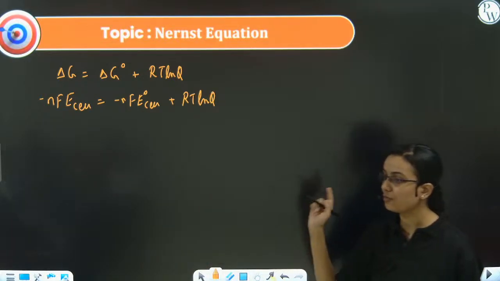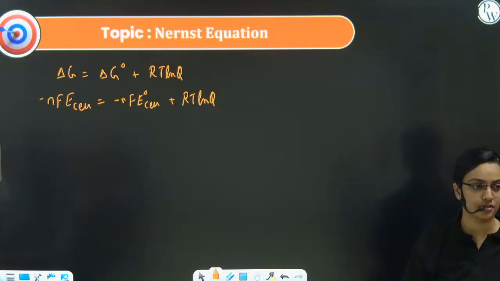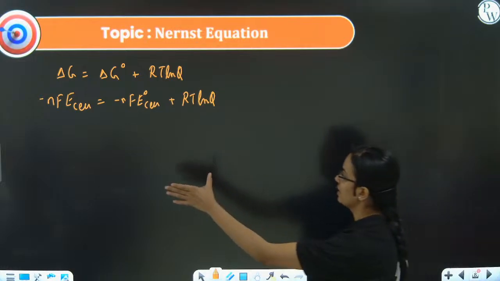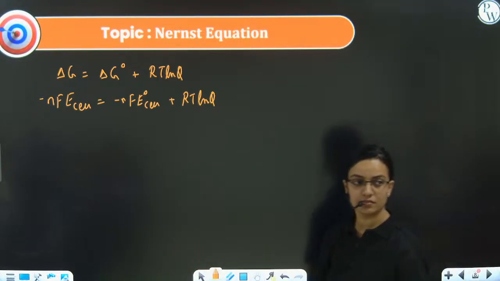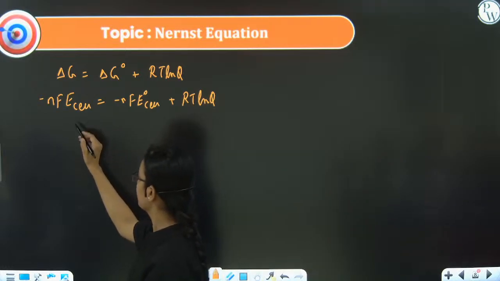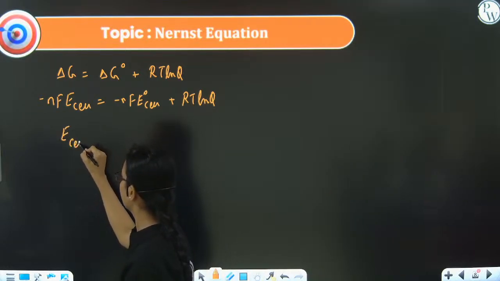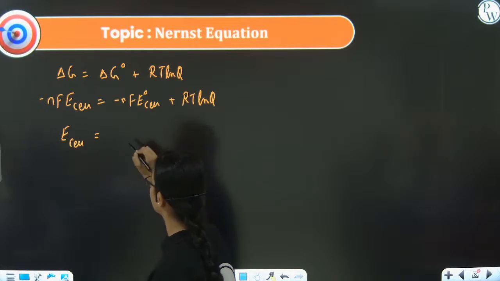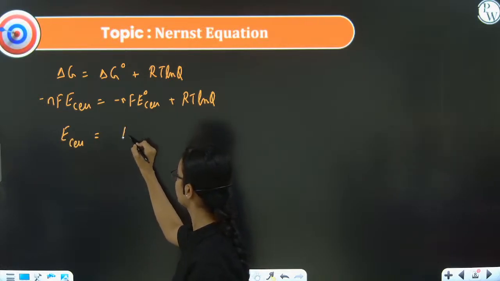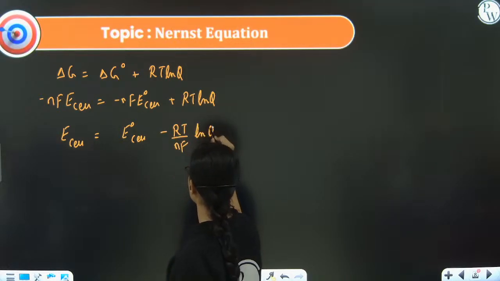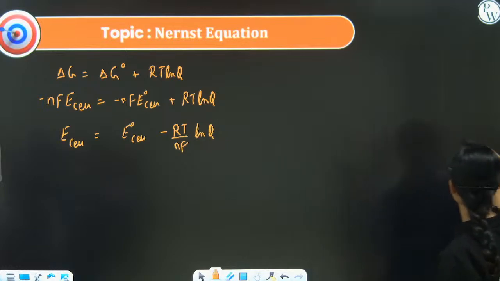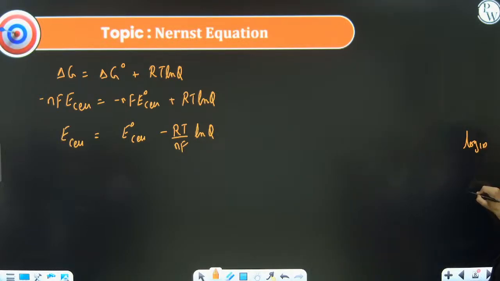Now if I divide the full equation by minus nF, what will I get? E cell will not be negative, since we are dividing by minus nF. E cell will be E naught cell minus RT by nF ln Q. In chemistry we use log base 10, and ln is log base e.